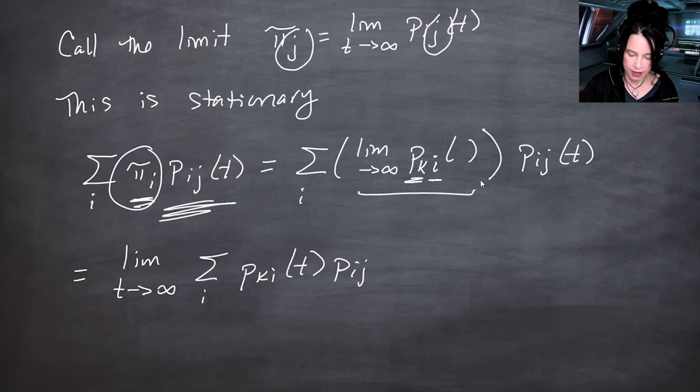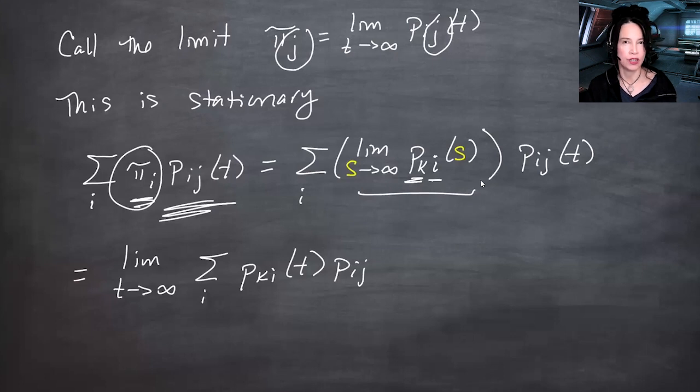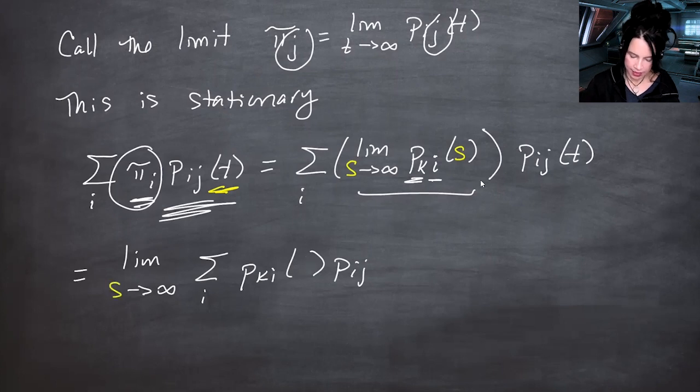I'm going to make it time s. It's going to infinity, so I don't want it to be the particular t that is sitting over here, which is finite. Okay, so let me fix that down here. This is s and s, and this is of t.